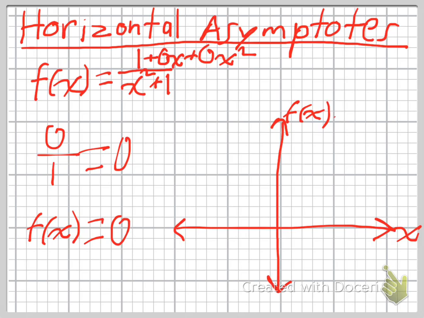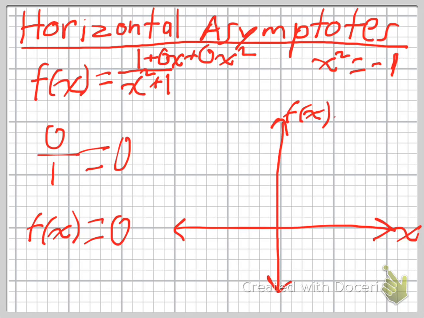So in this one, we check for a vertical asymptote: x squared plus 1, set that equal to 0. If you solve that, you get x squared equals negative 1. To solve for x, you take the square root, but as we know, the square root of negative 1 is i, an imaginary number. It's not real, it can't be plotted on an xy graph. So in that case, there is no vertical asymptote. There is no domain restriction. Your domain can be anything you want.